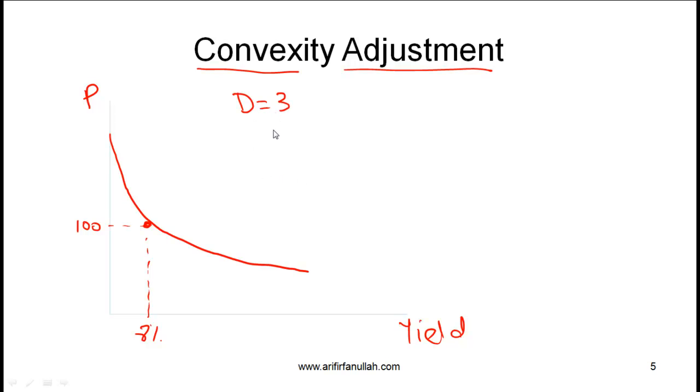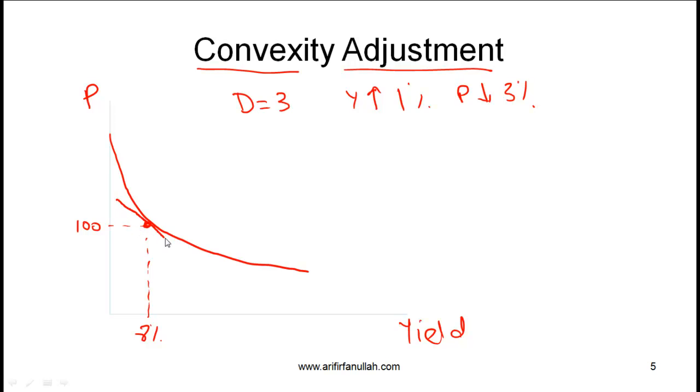Let us make sure we understand what this implies. A duration of 3 means that if our yield goes up by 1%, then our bond price will go down by 3%. We essentially are describing the duration of 3 as the slope at this point.